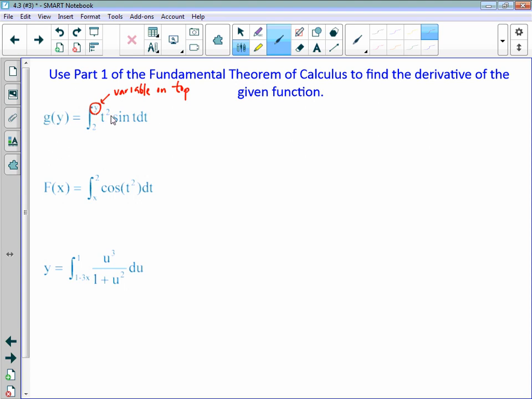And then if we're finding the derivative, which is important because some people forget that that's what we're doing, all you have to do is plug that in for all of the variables in here, and you get rid of your dt. So this would say y squared sine of y. And that's your derivative.